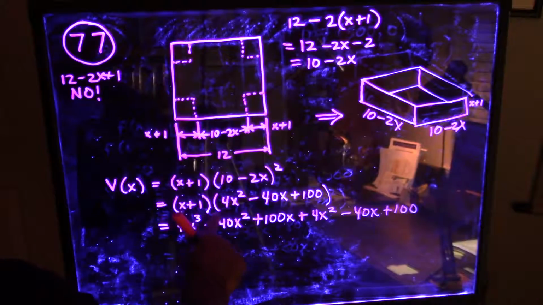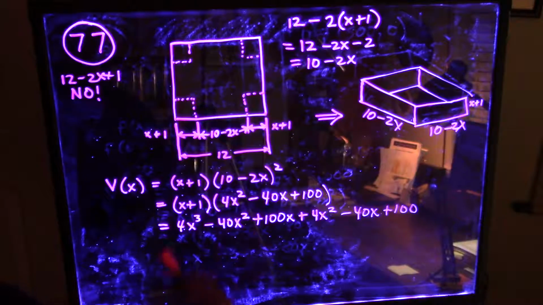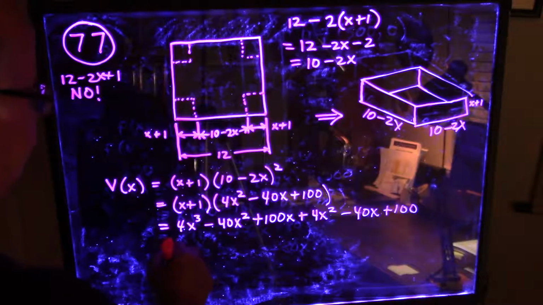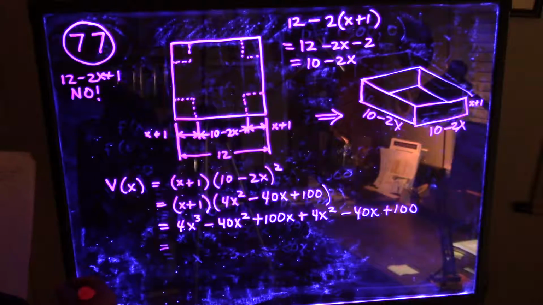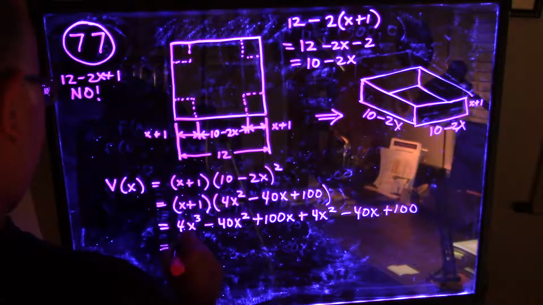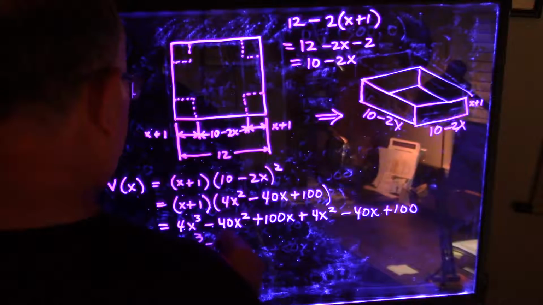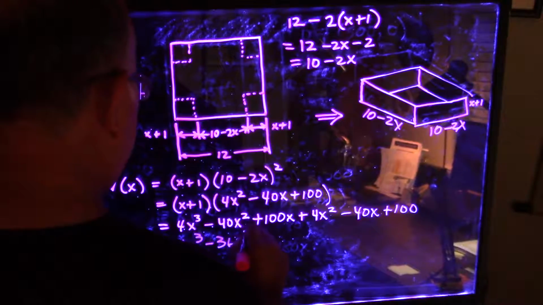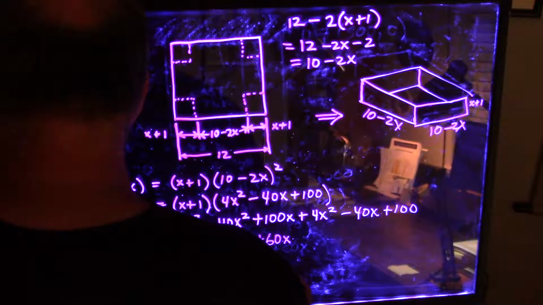So if you have 2 terms here and 3 terms there, you should end up with 6 terms, 2 times 3. If you have 2 terms and 2 terms, you'd have 2 times 2 equals 4 terms, and then you can simplify. So that's one way of checking your work to make sure you're multiplying everything out that you should be. And then you can just add like terms and you get 4x cubed minus 36x squared plus 60x plus 100.